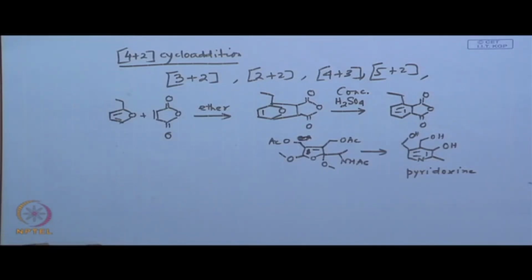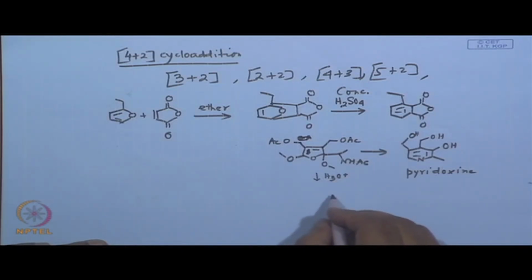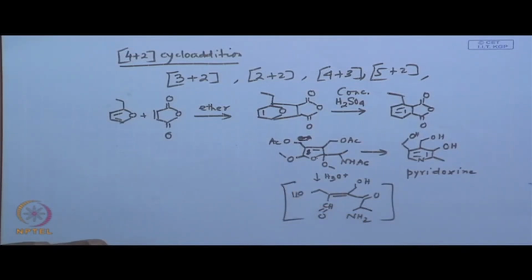What does it tell you? If you hydrolyze it in the presence of acid, what do you expect? You expect a molecule of this kind: this is OAc, this is OAc, and this is now an aldehyde, the middle one would be a ketone, then you have a methyl group, and this is NH. This is a hypothetical one.